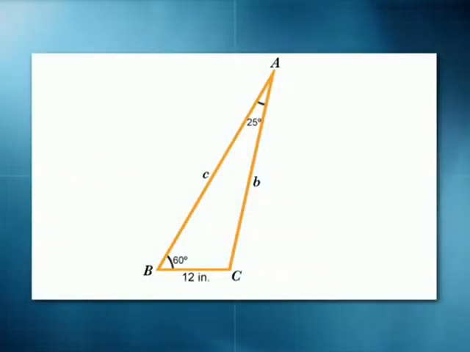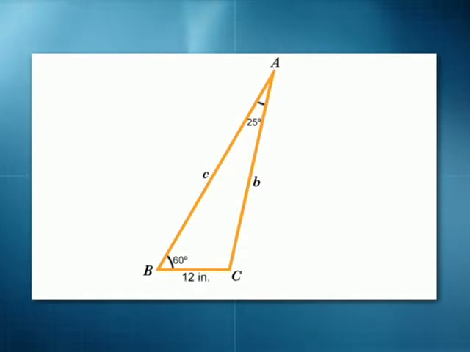Here's a triangle, and we will use the law of sines to find the remaining sides and angles. We will solve this triangle. Here's the setup. The triangle again is labeled ABC, and the angle at A is 25 degrees, the angle at B is 60 degrees, and the side opposite A is 12 inches. So we're given three pieces of the triangle, and the goal is to find the other three pieces: angle at C, side b, and side c.